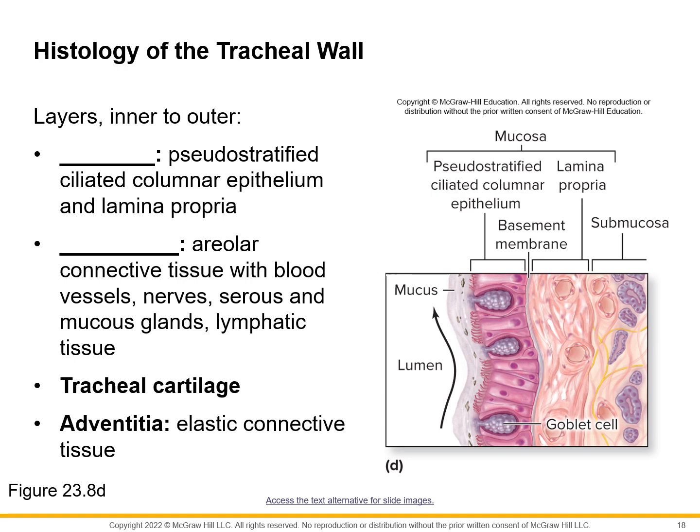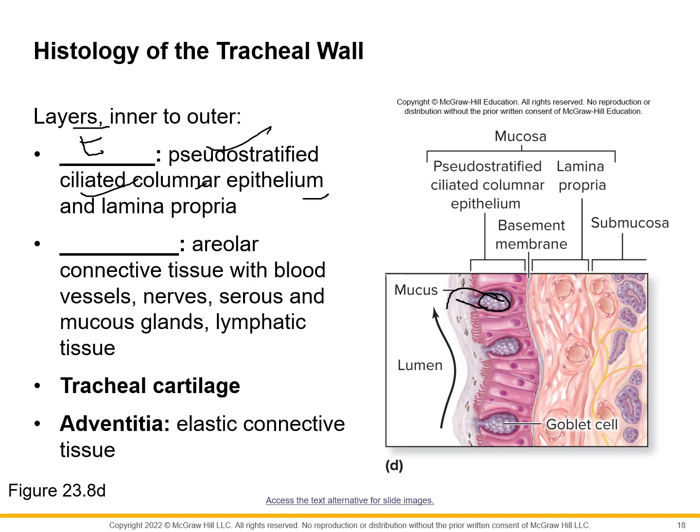Now the tracheal wall, you have your epithelium, which is pseudostratified ciliated columnar epithelium. There's going to be goblet cells here that secrete mucus. You're going to have your muscularis mucosae to squeeze out the mucus into the lumen.